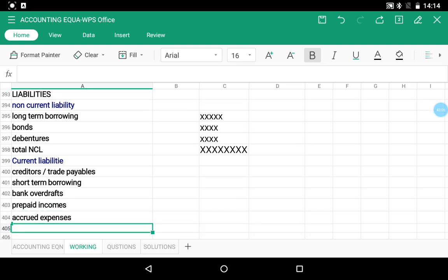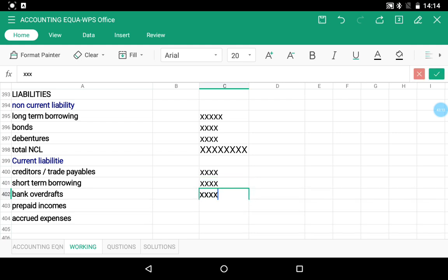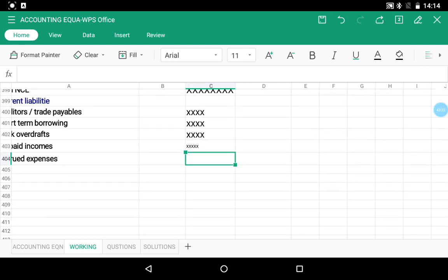So of course, those are some of the short-term or current liabilities. Add and get your total.